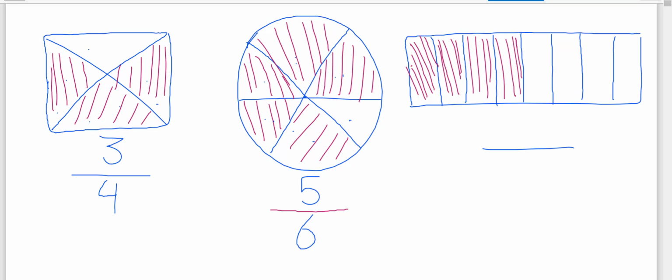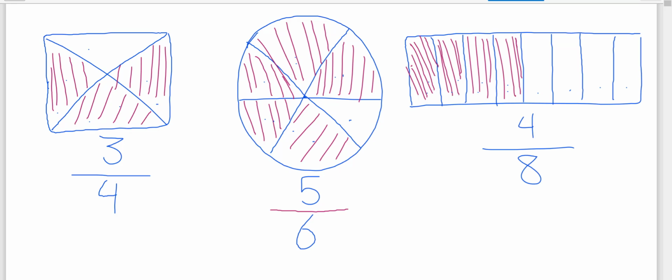Count with me. 1, 2, 3, 4, 5, 6, 7, 8. We must write 8 in the denominator. And how many shaded parts? Count 1, 2, 3, 4. Write 4 in the numerator. When we read this fraction, 4/8 or 4 over 8.